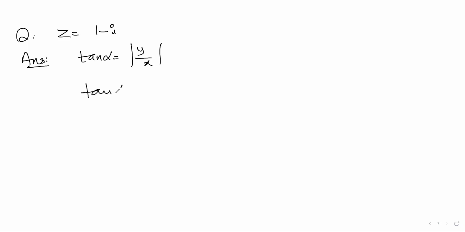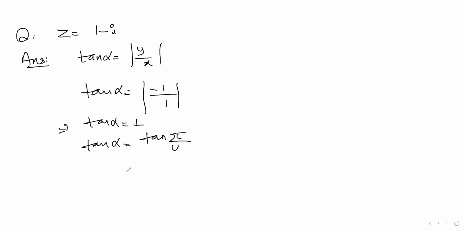So tan of alpha is equal to, Ikhra, what is y in this case? Minus 1. Yes. What is x? 1. So tan of alpha is equal to what? Modulus of minus 1 is again 1. So you will write tan alpha is equal to tan pi by 4, so alpha is equal to pi by 4.